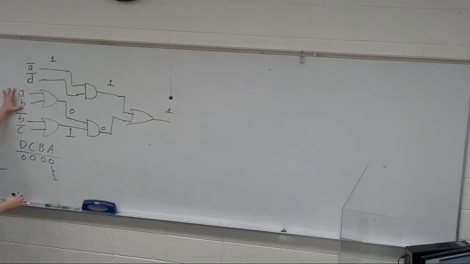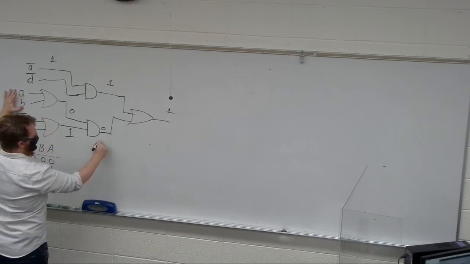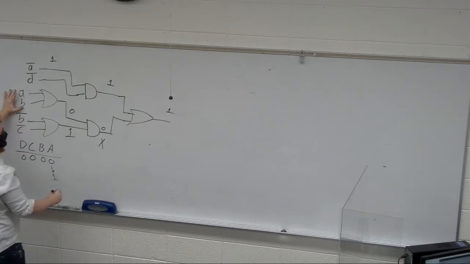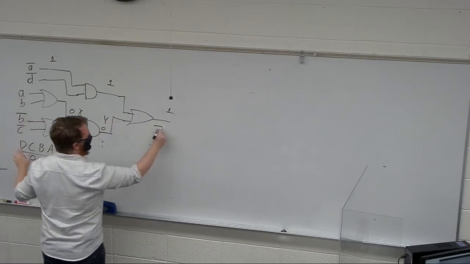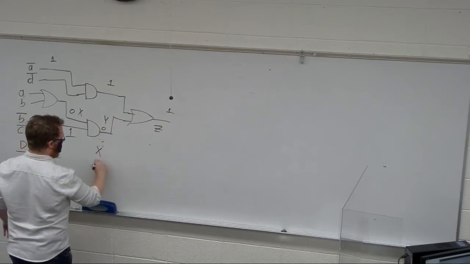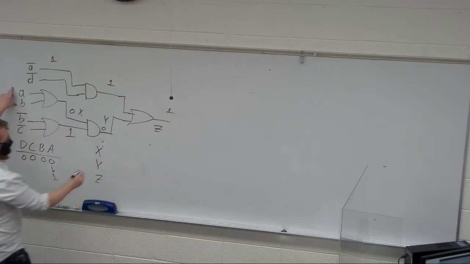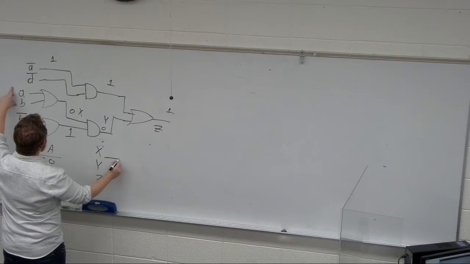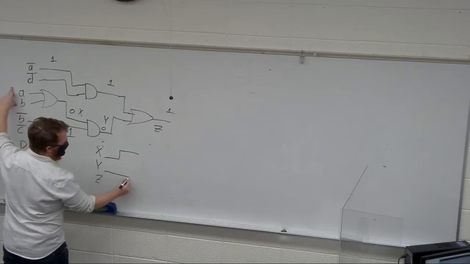The actual draw. So you would have, let's call this node X. No, let's do X, Y, and Z on the timing. So X is 0, becomes 1.